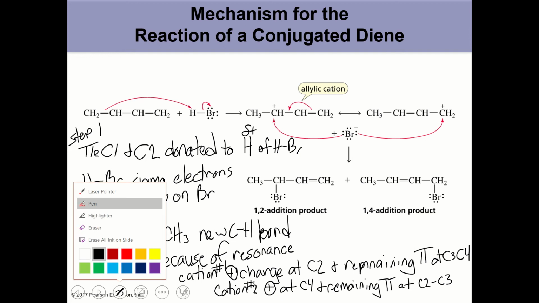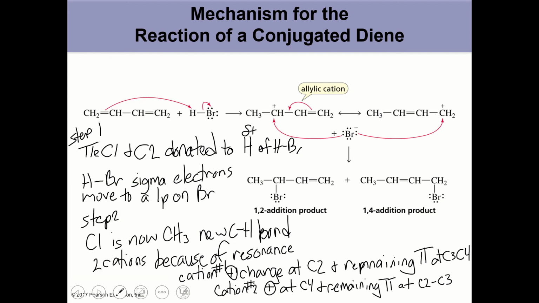So then if you go back and you look at your two cations, we have cation 1 with C1 now having 3 hydrogens instead of 2. So we've increased the number of hydrogens at C1. We have a positive charge at C2 and a pi bond between carbons 3 and 4. Then we have a resonance arrow because this molecule is an allylic cation, and we can shift electrons to produce a resonance structure.